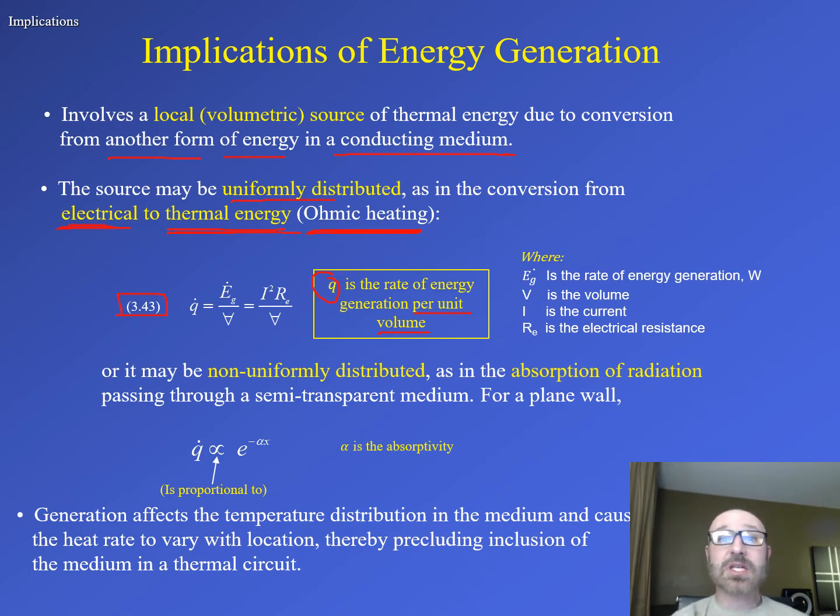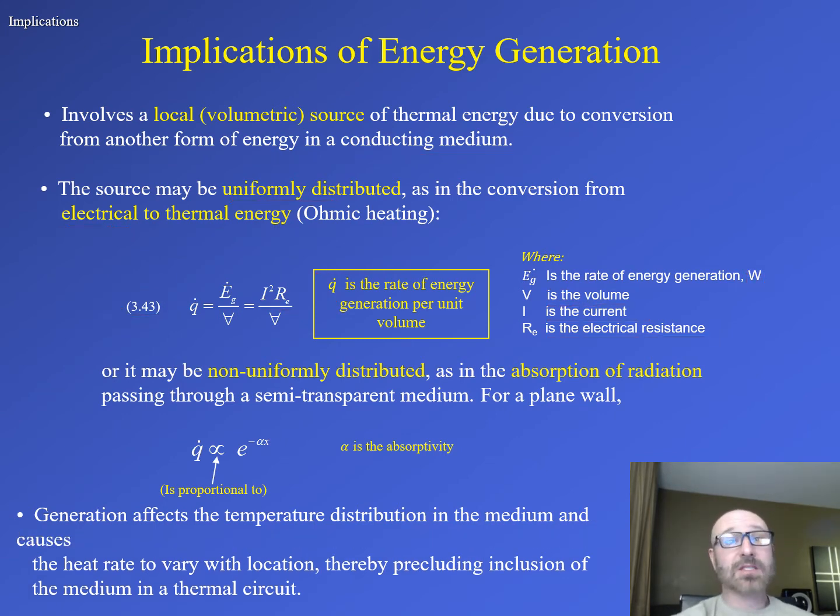So E sub G dot is the rate of energy generation in units of watts, divided by our volume. Then if we want to go to electrical, we recall this relationship where we have I squared times R sub e, where I is the current and R sub e is the electrical resistance. So this is the conversion we're talking about from electrical to thermal energy, given by equation 3.43 in our textbook.